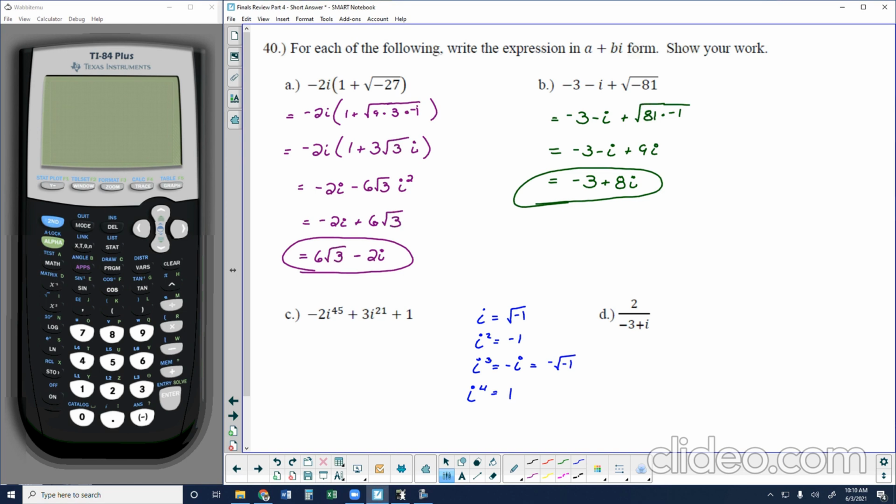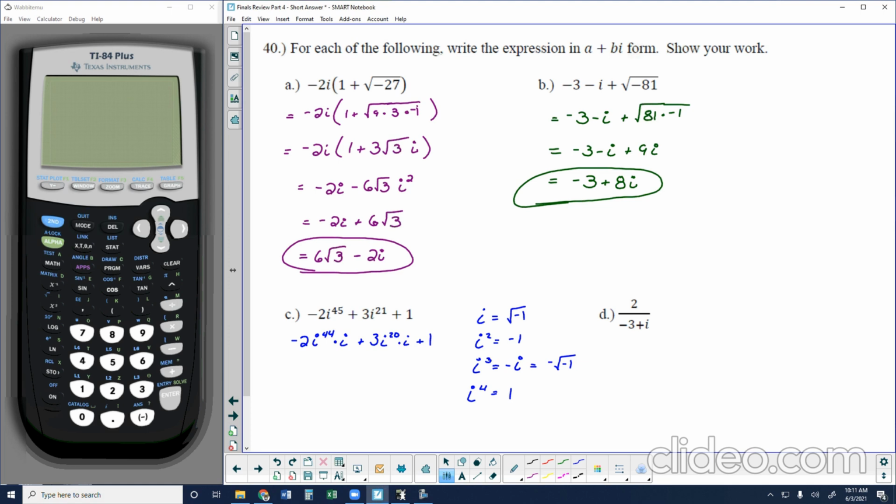So basically what we can do is look at this as multiples of 4. So why multiples of 4? Well, any multiple of 4 is just going to be 1. So I could break i to the 45th power into i to the 44th power times i. And I can break 3i to the 21st into 3i to the 20th power times i plus 1.